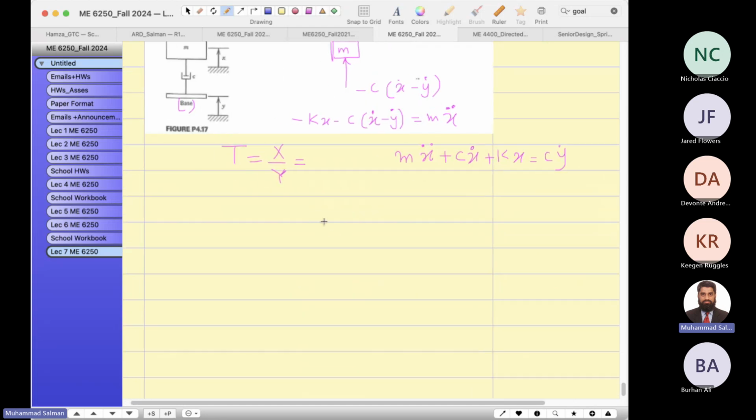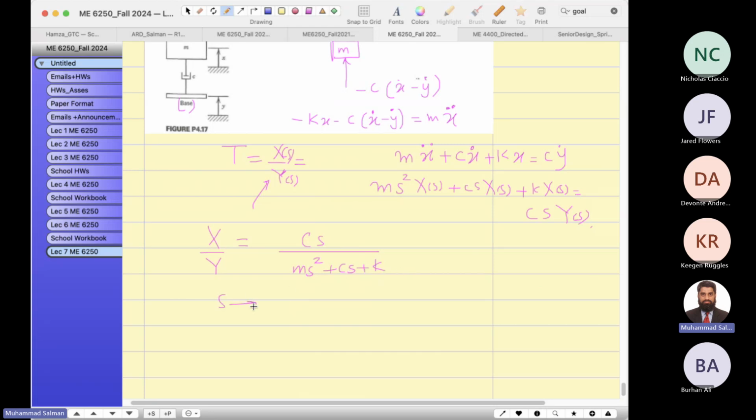If you take the Laplace transform, this is in the S domain. I just did not write down S, but for sure this is the S domain, the big letters. So you are left with Cs over ms square plus Cs plus k.